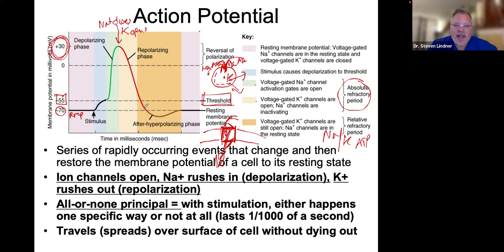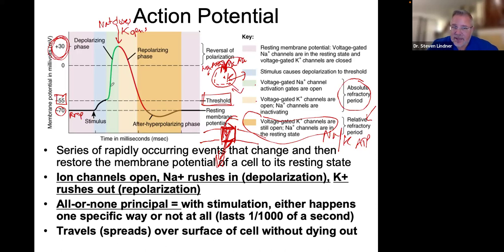The only time another action potential can be generated is when you're in this phase here, when the voltage gated potassium channels are open and the sodium channels are in the resting state. When you're in this relative refractory period, right in here for sure, this is where if the stimulus is strong enough, you can have another action potential.